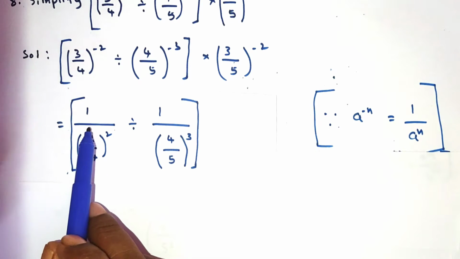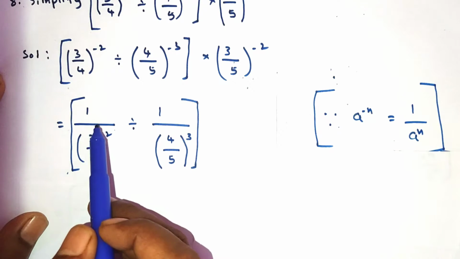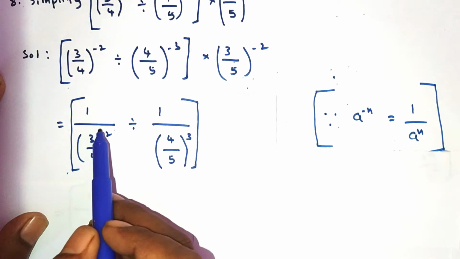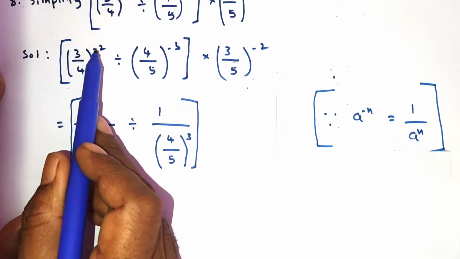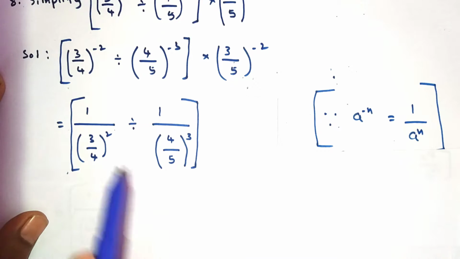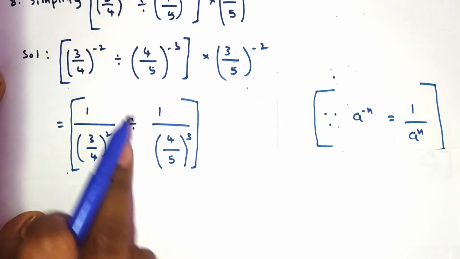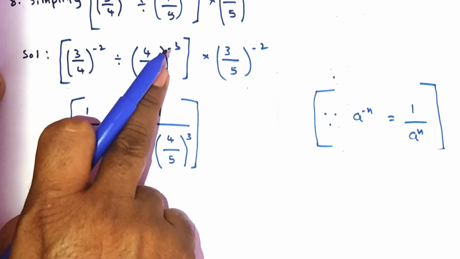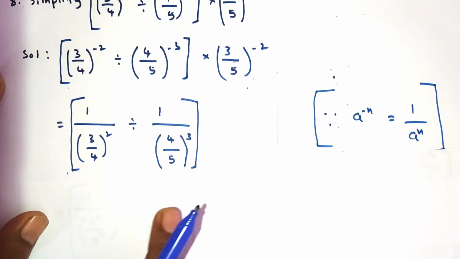We have written 3 by 4 whole square whole to the power minus 2 as 1 by 3 by 4 whole square. In the same way, we have written this also.